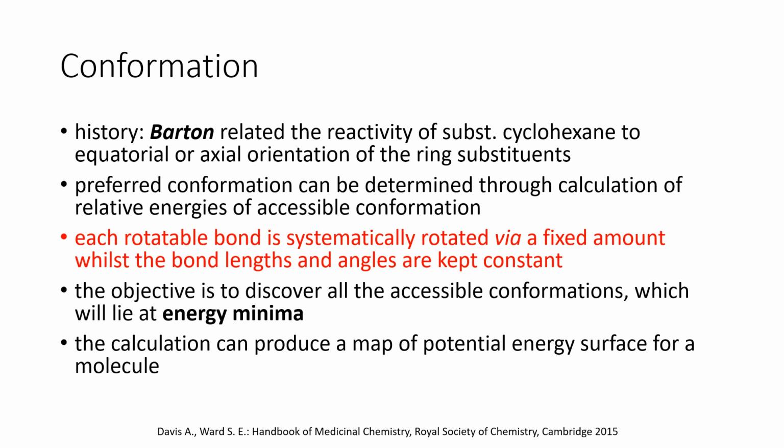The preferred conformation can be determined through calculation of relative energies of accessible conformations, and the calculation proceeds in this way: each rotatable bond is systematically rotated by a fixed amount, whilst the bond lengths and angles are kept constant. The objective is to discover all accessible conformations, which will lie at energy minima.